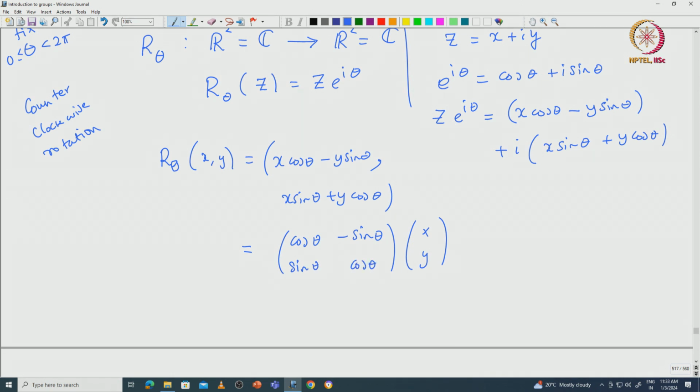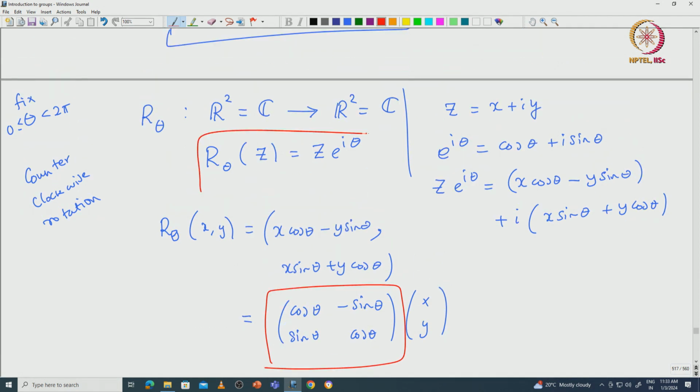So, most of the books write this definition using this matrix, they write this formula for r theta. But anyway, it just comes from this formula, z goes to z e power i theta defines rotation by this angle theta. So, again using this very explicit formula, you can check this is the rotation about the origin. I will leave it to you to check.